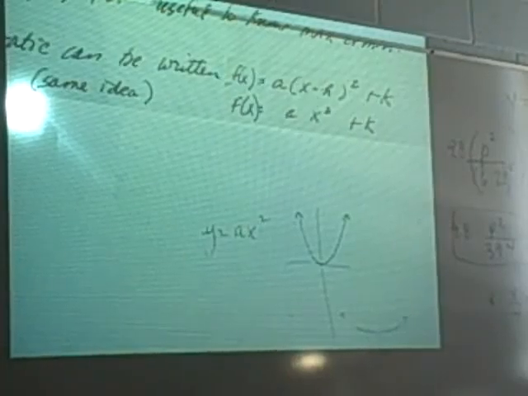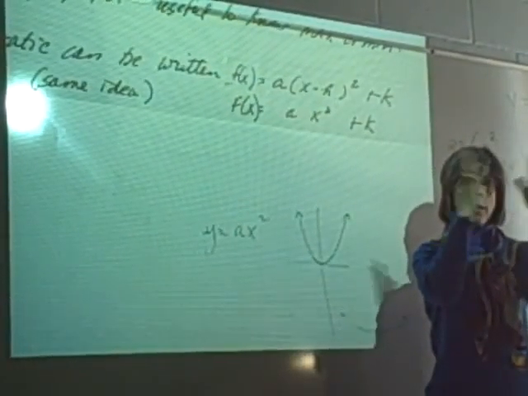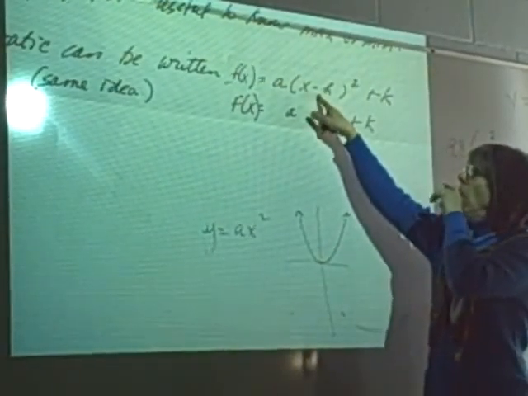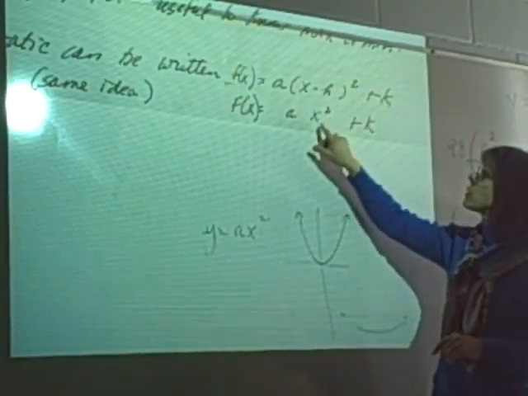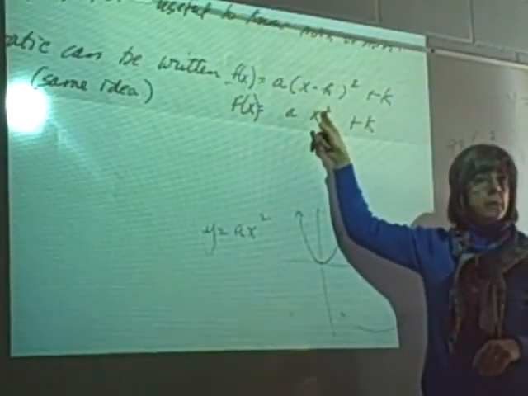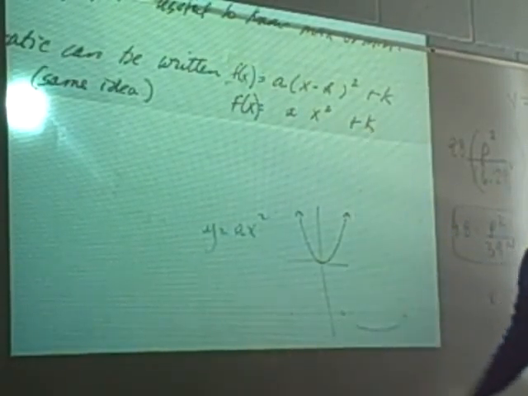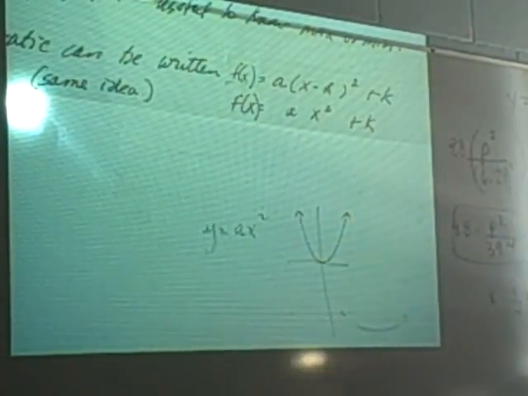F of x is equal to a, remember our a controls our opening, times x minus h squared. We have our x squared here, and our plus k, where k is going to be our constant.